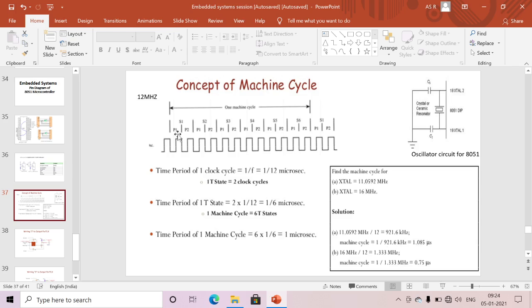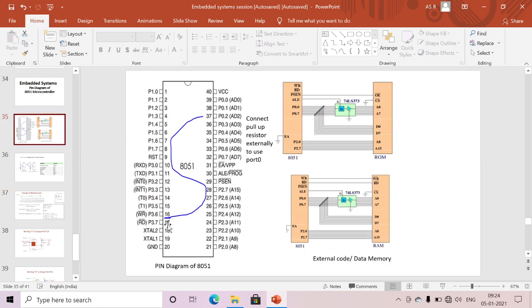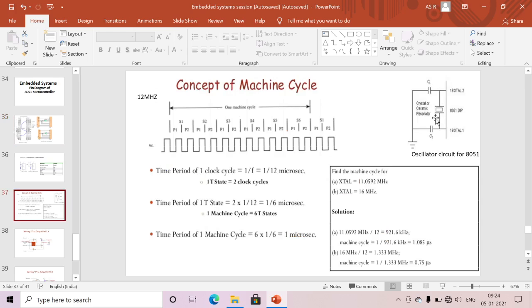Here mainly the 18th and 19th pins. Already we discussed the reset pin. To the 18th and 19th pins we need to connect an external crystal oscillator. Mainly we will use 11.0592 megahertz for our microcontroller. Why? Because if I want to work on serial communication and match the PC baud rate of 9600, we achieve it with this 11.0592 megahertz.